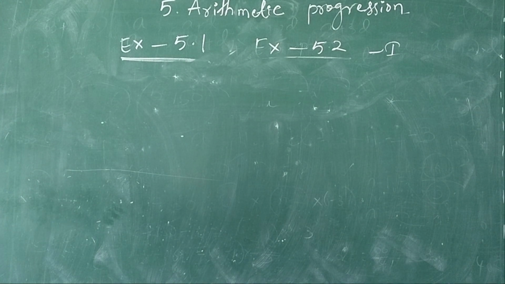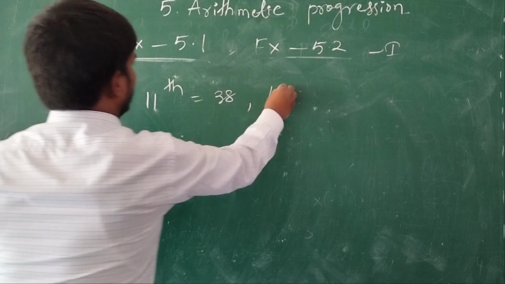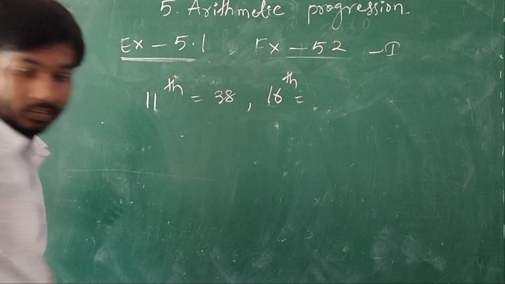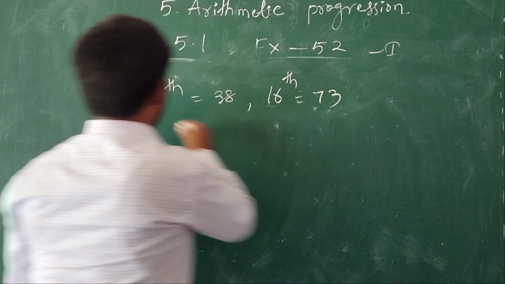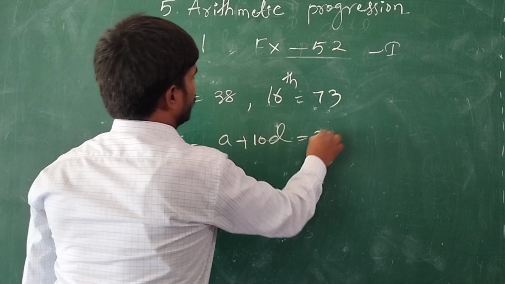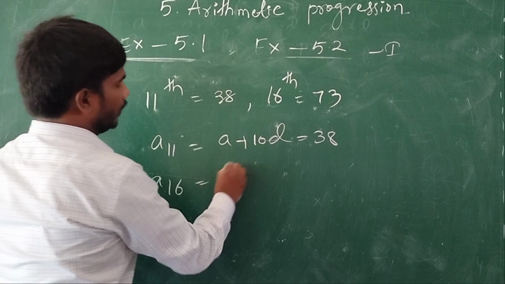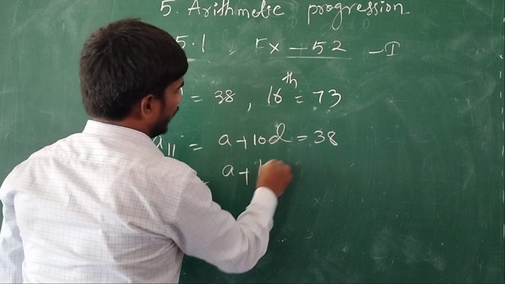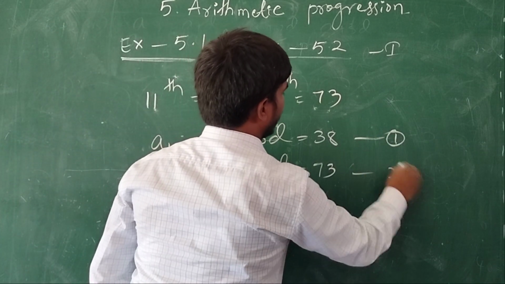Seventh problem. Find the 31st term of the AP whose 11th term is 38 and 16th term is 73. Simple. 11th term a11 is equal to a plus 10d, 38. 16th term a16 is equal to a plus 15d, 73. Equation 1 and equation 2.